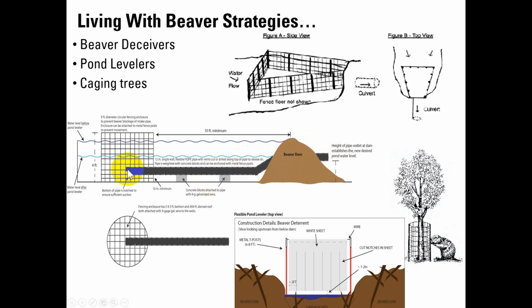Basically, you have underwater input. You put the pipe into the level that you want to maintain the pond. You put a cage around this so it doesn't get plugged up with material. And the beavers can't plug this up.